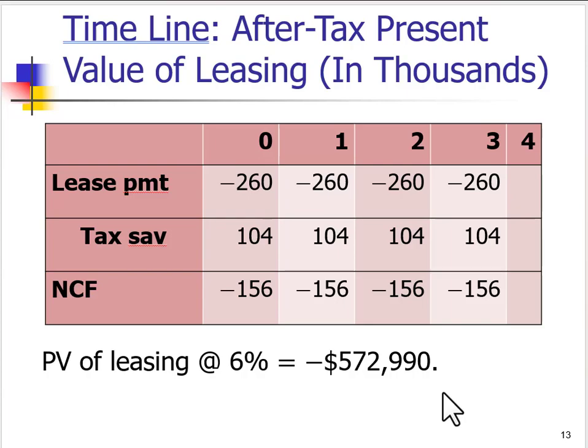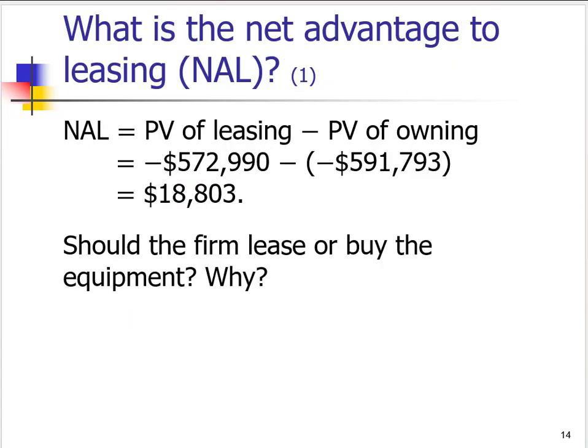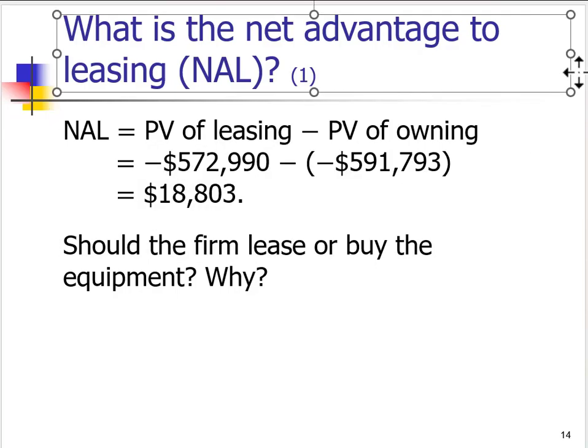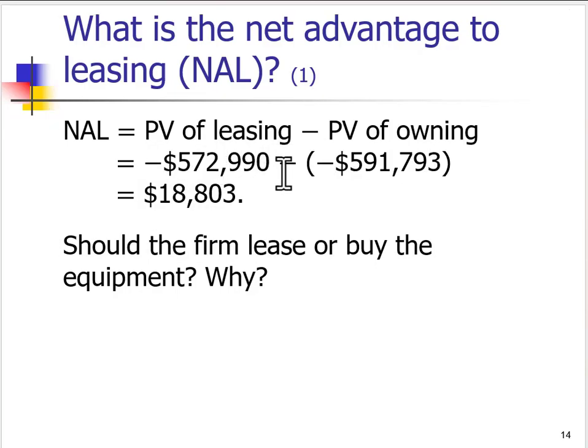So we want to find out, is it better to lease the asset or buy the asset? So the term we're looking for is the net advantage to leasing. You take the present value of leasing and you subtract the present value of owning. In this case, the present value of owning is a negative present value.